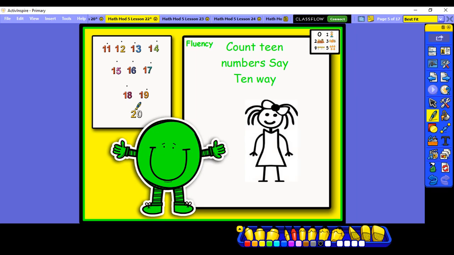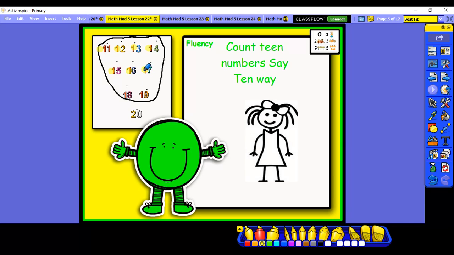Great job, Cardinals. Look at these numbers. Can you tell me what's the same in all of these numbers? Can you tell me what's different? In each of these numbers, the tens place is marked by a 1, but the 1 doesn't mean 1.